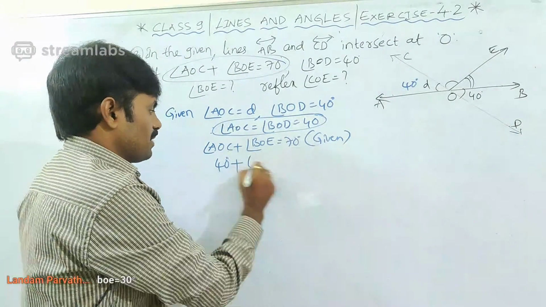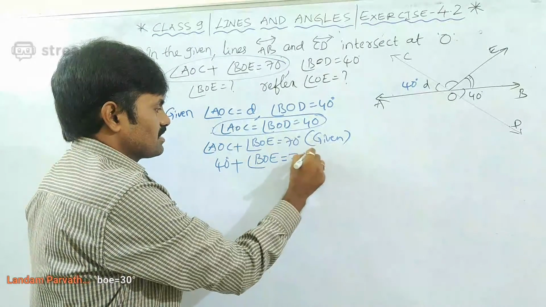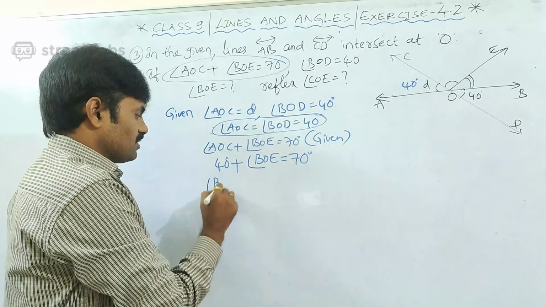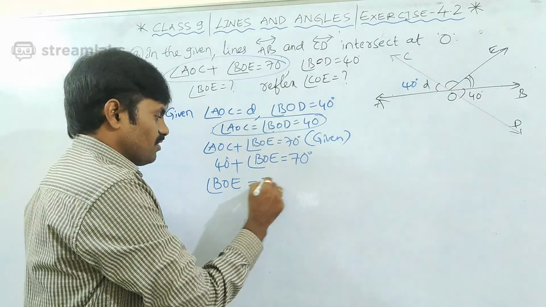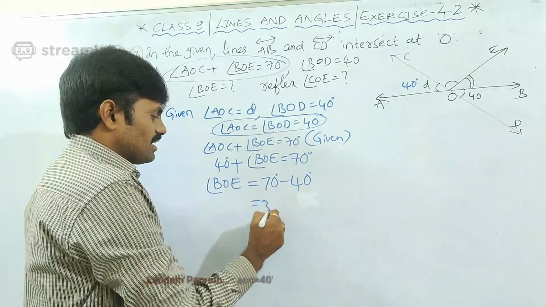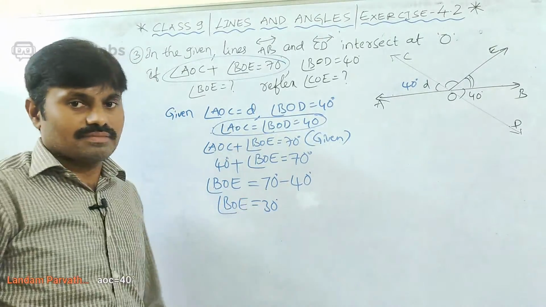Therefore 40 degrees plus angle BOE is equal to 70 degrees. Now I am transposing: keeping angle BOE on the left-hand side and sending 40 degrees to the other side, it becomes 30 degrees. So this is one required answer.